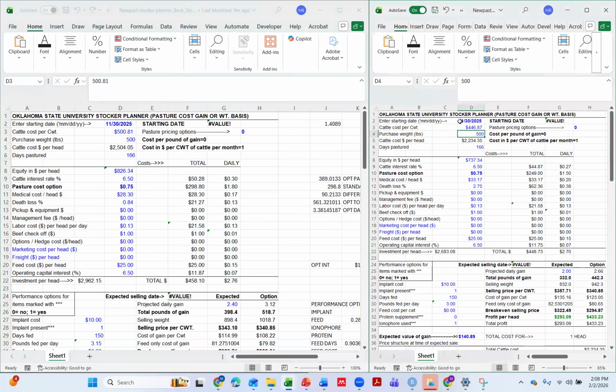If we bought them as bulls, we bought them at $446 per hundredweight. So is this discount we're seeing in the market today enough to offset a lower average daily gain, an increased medicine cost, and an increased death loss? With this stocker planner and data that we're pulling from previously published papers, we can start to infer this. Does that make sense to you guys?